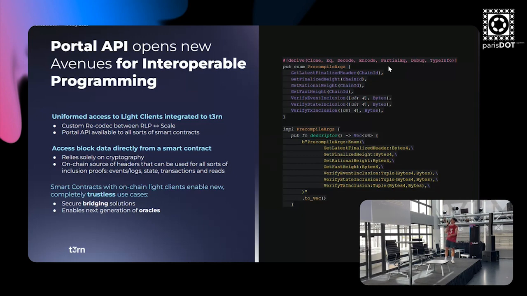Having such an interface, the next step that we were thinking of is how we could bring some cool solutions that would demonstrate the functionalities of such an interface. So you can easily see that you can build bridging solutions on top of it. You can verify that the transfers indeed have happened.